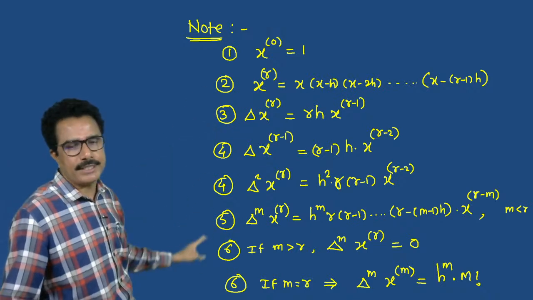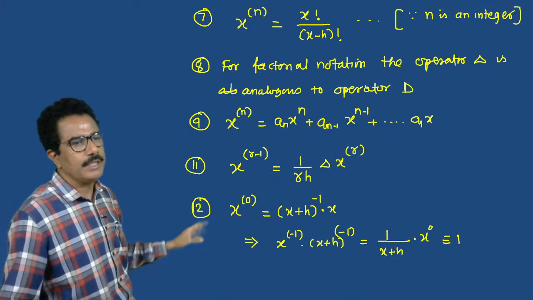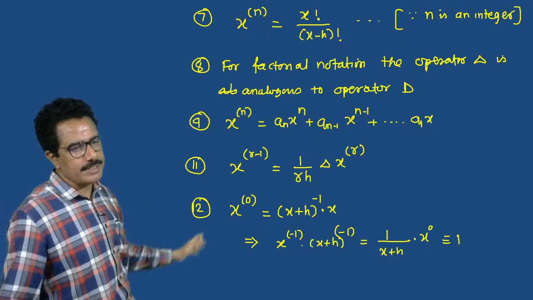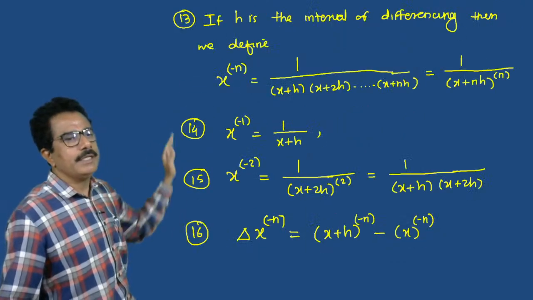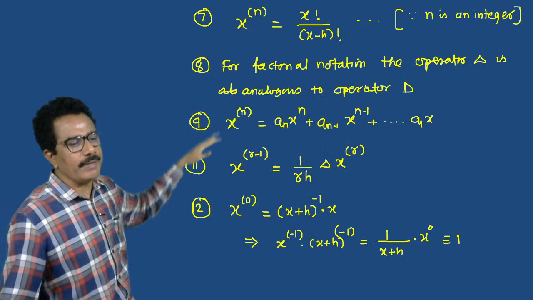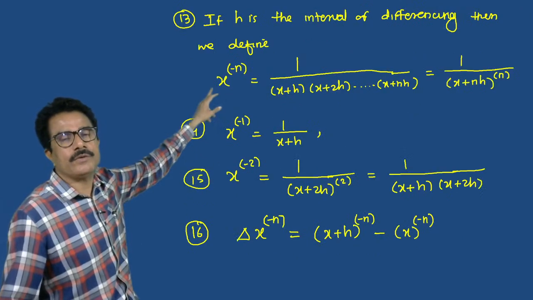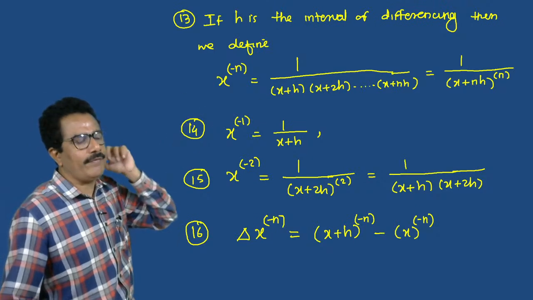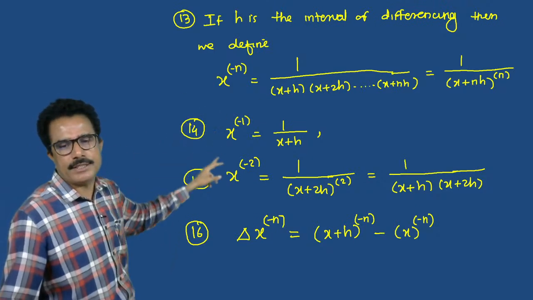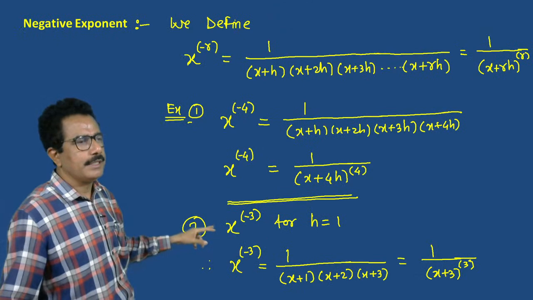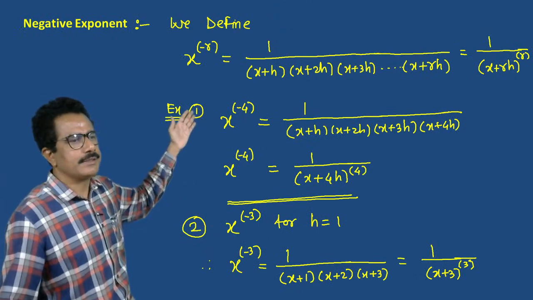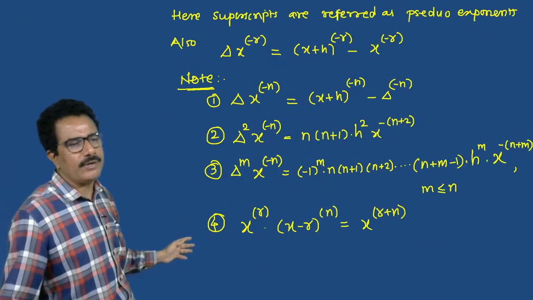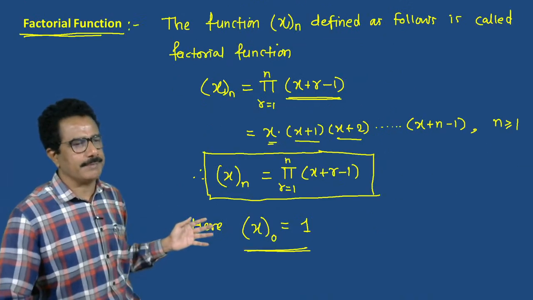These are the different formulas which we have to use. Also we have seen the negative factorial or negative exponent. The value of negative factorial, x raised to minus n factorial, can be written in this way. You already studied this in the last lecture.